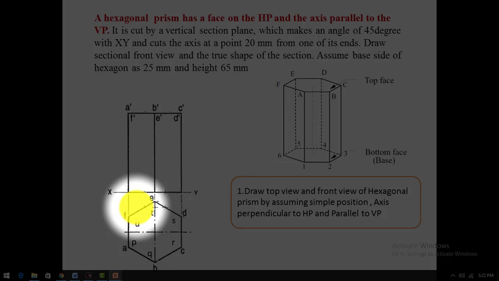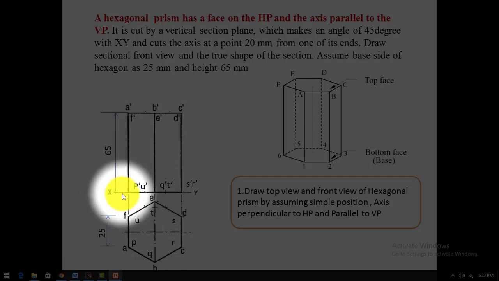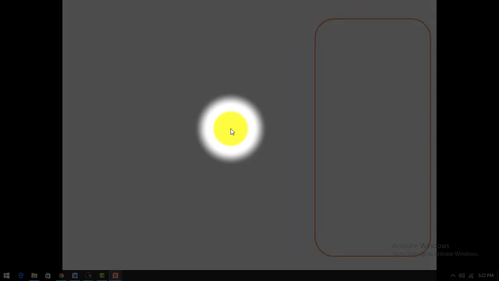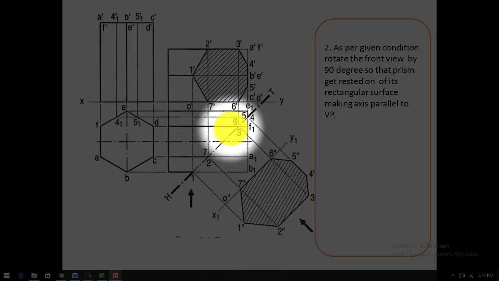Then take the projections in the upward direction, and by taking the axis equal to 65 mm, draw the front view of the hexagonal prism. Here we draw the front view of the base on the reference line because one of the faces is on the HP. Then, as per the given condition, rotate the front view by 90 degrees.